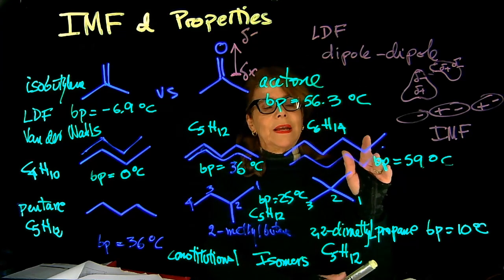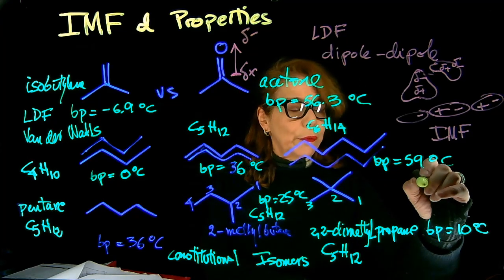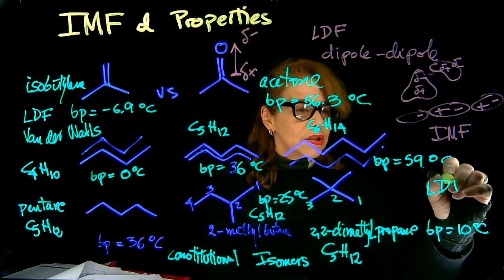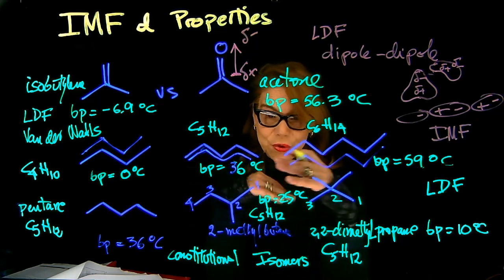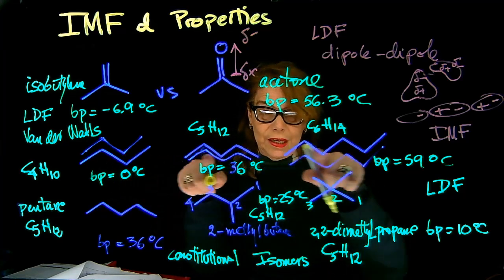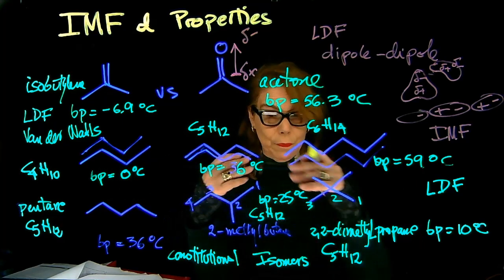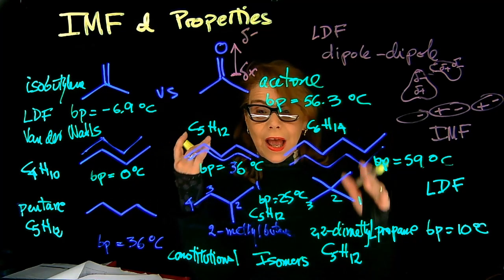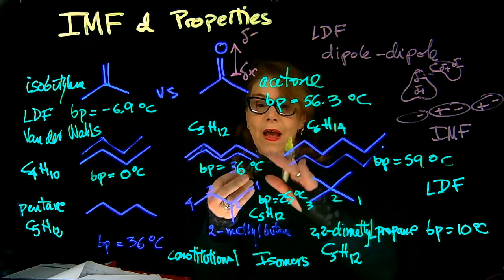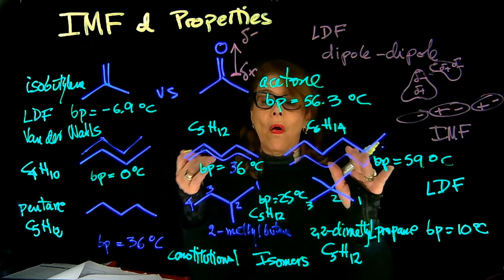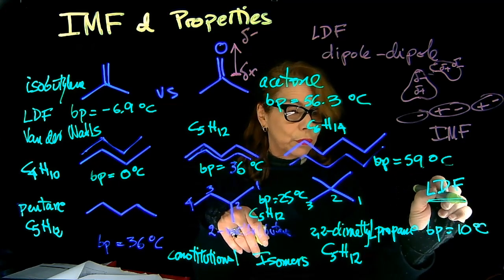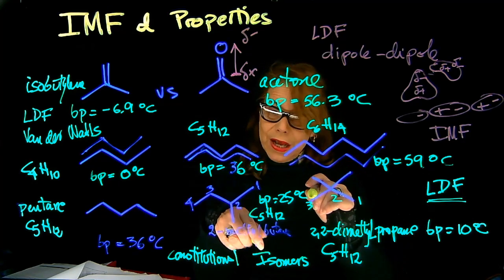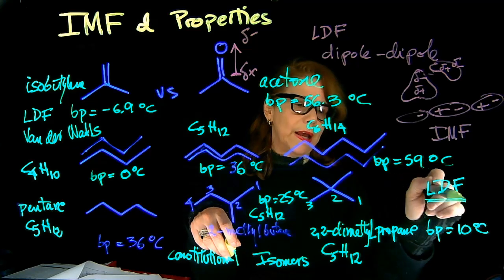What we have is the same type of forces, London dispersion forces, but now the molecules cannot approach to interact the same way they did in the series above. Now the branching means that these atoms can no longer organize the same way. So there is less contribution of London dispersion forces. The more branched the compound, the fewer London dispersion forces we're going to have.